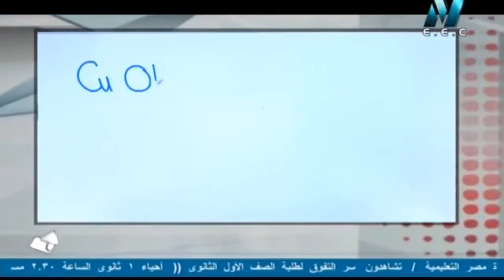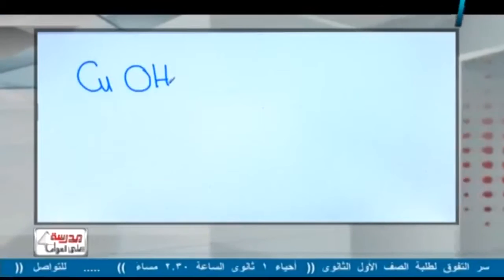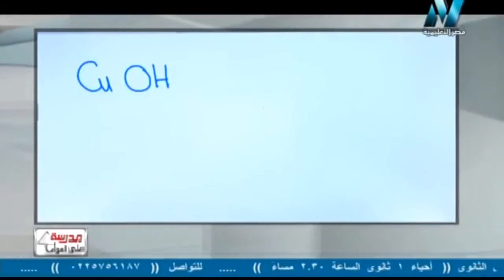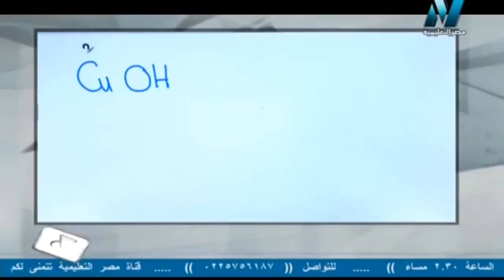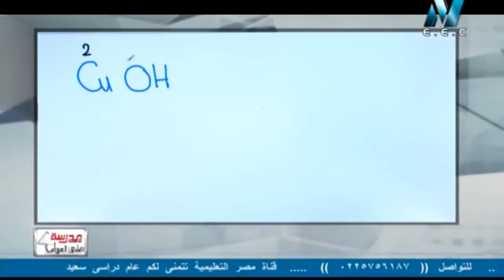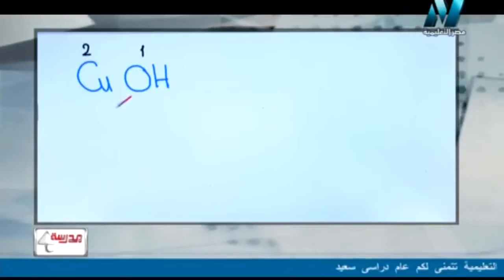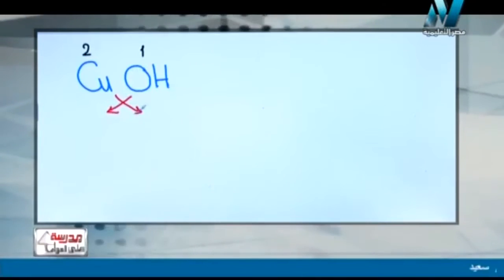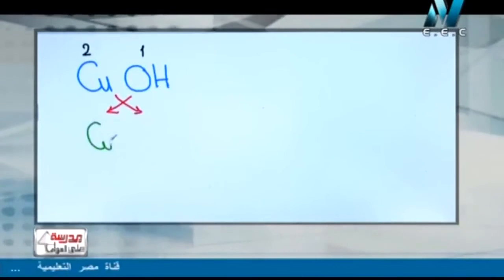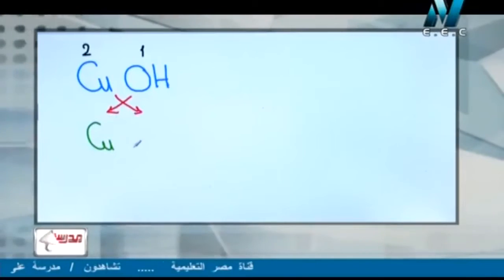So if I take it here on my whiteboard, let's look together. We have here CuOH, copper hydroxide. We know the valency of copper is divalent, and the valency of hydroxide is monovalent. By using cross multiplication, as we studied before in first prep, we have Cu, do we write the 1? No, we don't.